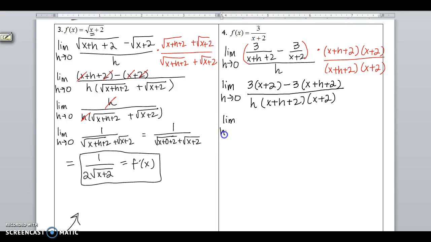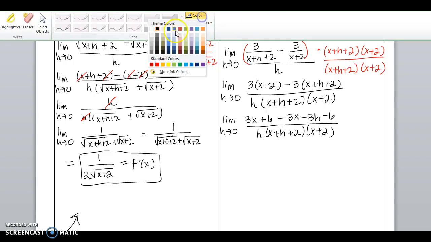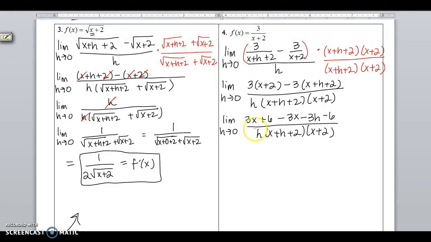So limit as h approaches 0, 3x plus 6 minus 3x minus 3h minus 6 all over h times x plus h plus 2 times x plus 2. So 3x cancels out, 6 cancels out.